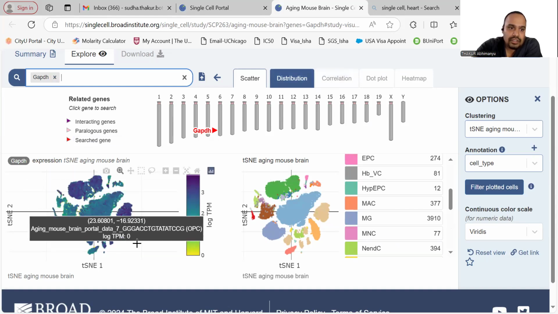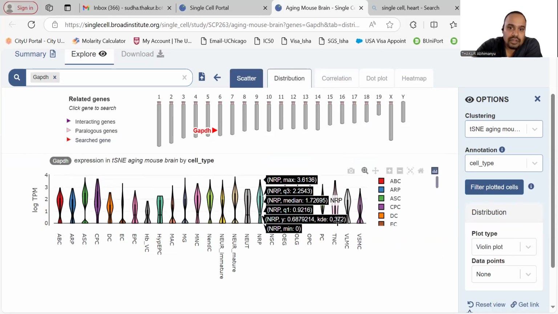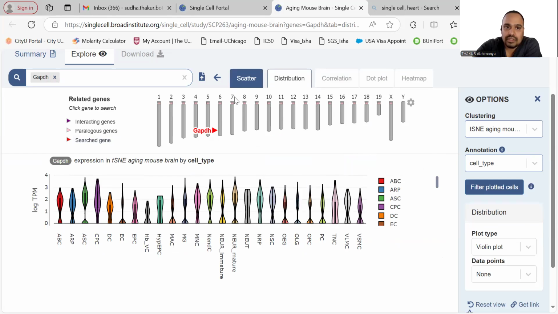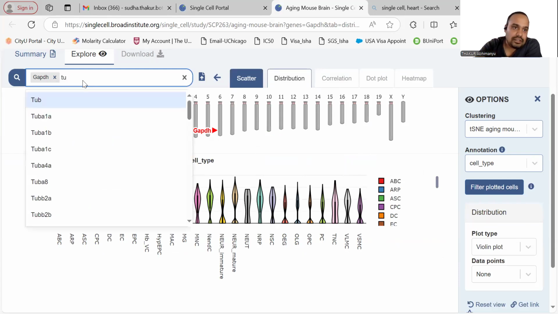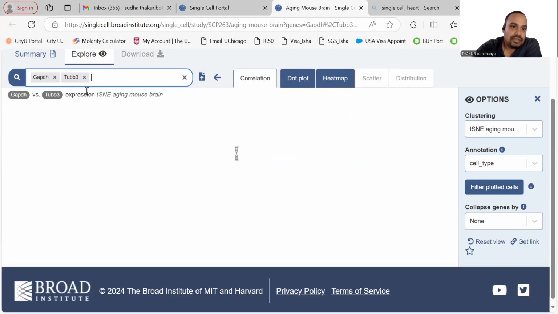And if you want to see its quantitative distribution in terms of a violin plot, you can also see the violin plot graph, its cell type specific distribution. And if you want to see its correlation with certain other proteins, for example, let's see beta 3 tubulin, TUBB3.